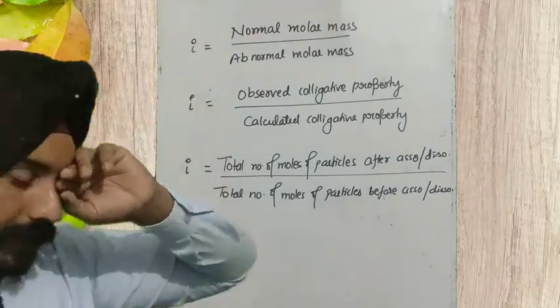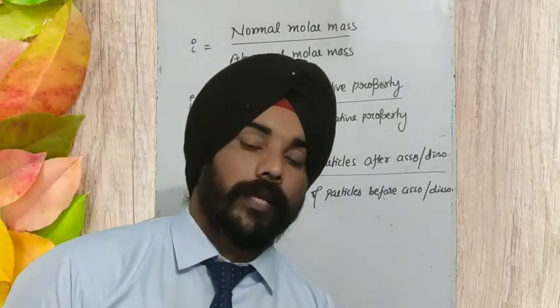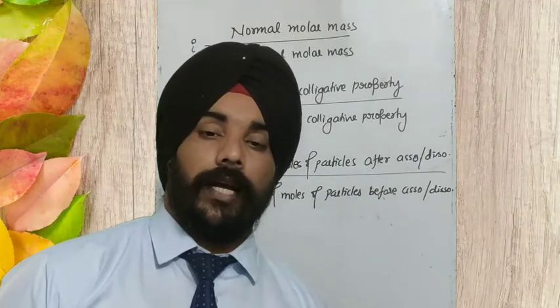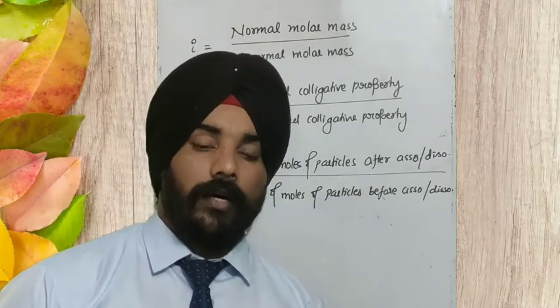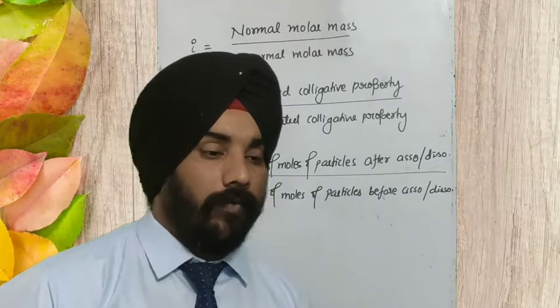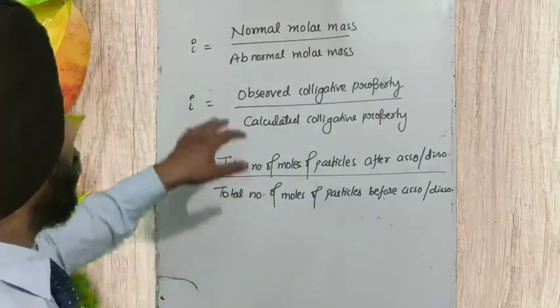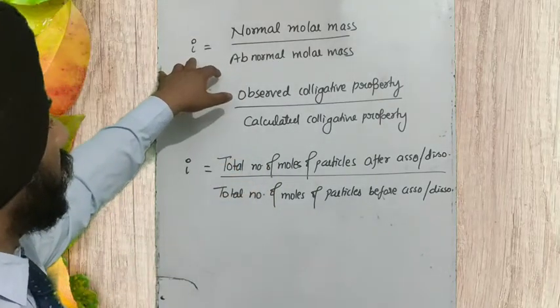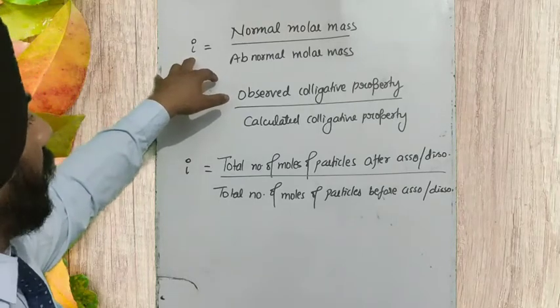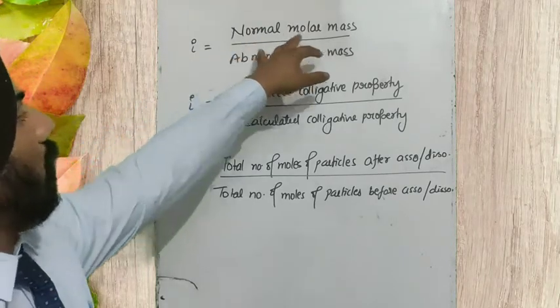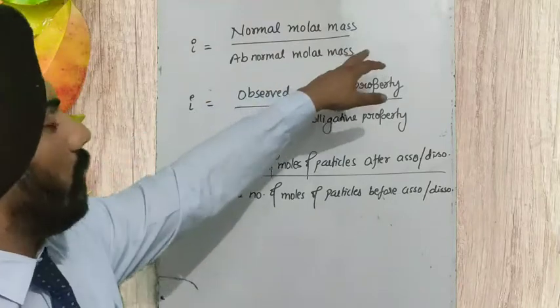So then in 1880 Van't Hoff came. He proposed his theory, and he told about the Van't Hoff factor. He introduced the Van't Hoff factor, denoted by i, and i is equal to normal molar mass upon abnormal molar mass.